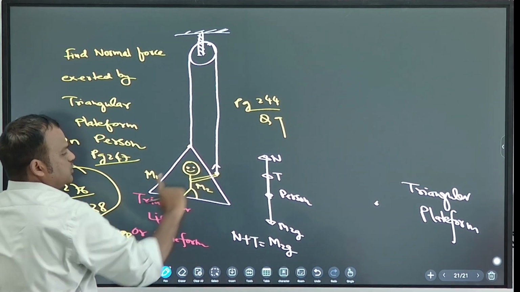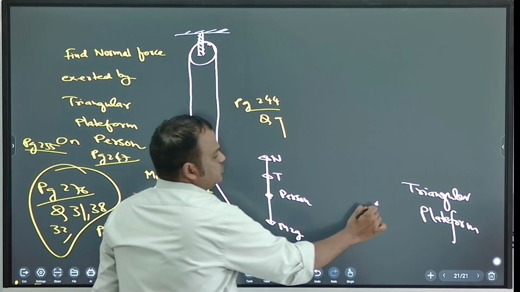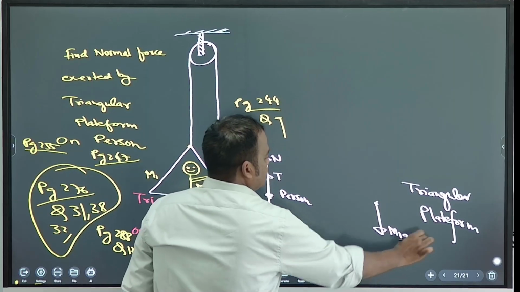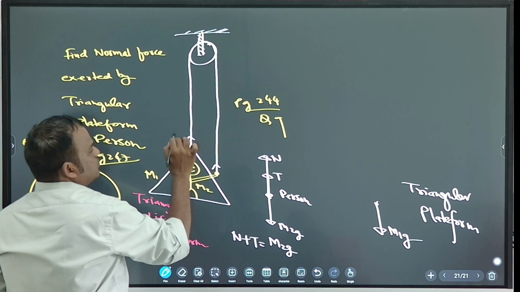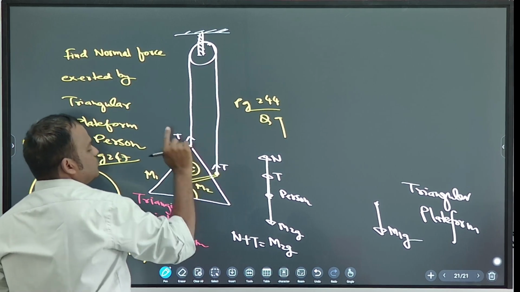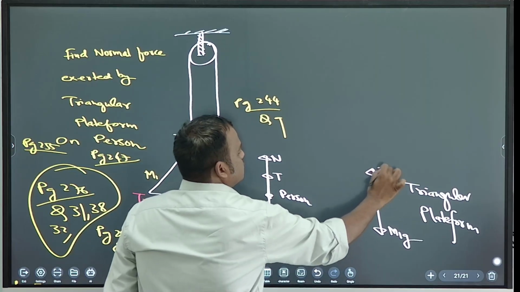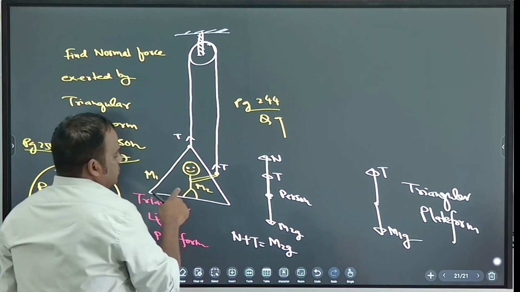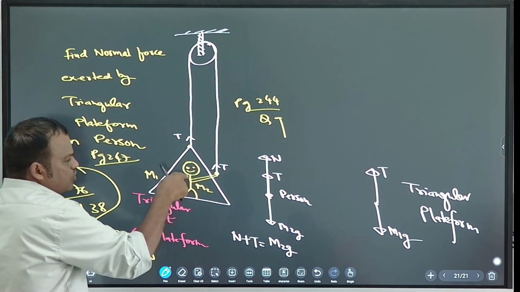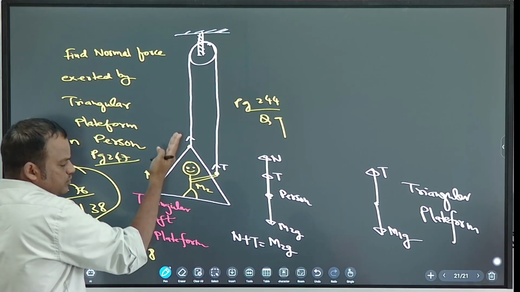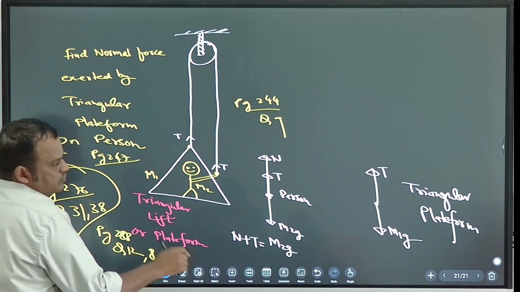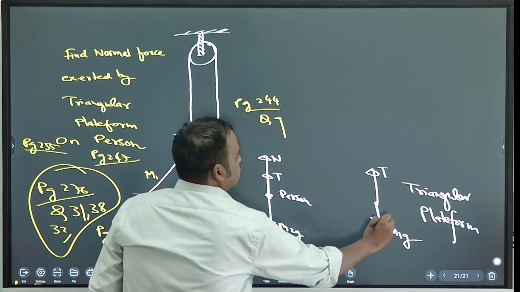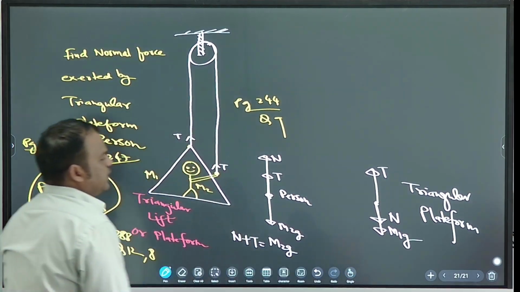M1 G. Upward force here, tension. This platform exerts normal force on the person up, so the person will exert normal force on the platform down. So this is the diagram.